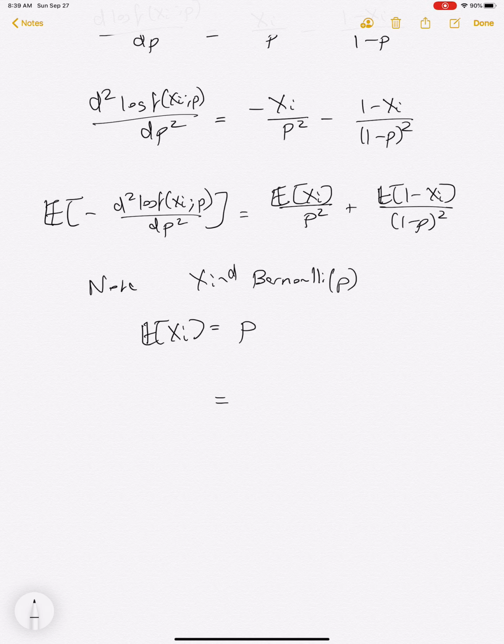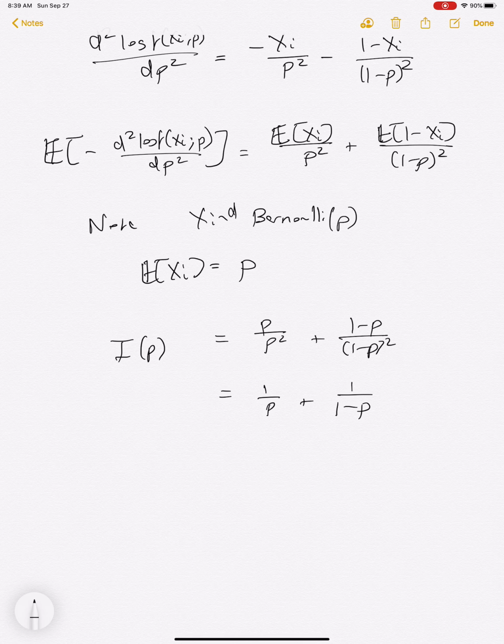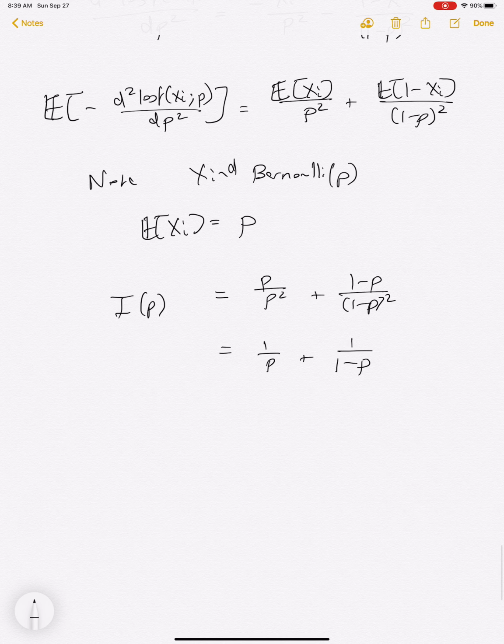And so you end up with I of p being p over p squared plus (1 minus p) over (1 minus p) squared. So you end up with 1 over p plus 1 over (1 minus p). When you put that together, you should get exactly 1 over p times (1 minus p). Okay, so this is I of p.